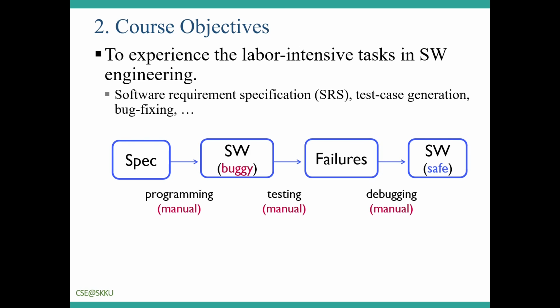This simple diagram with 4 boxes illustrates the basic flow of the software development process. First, we begin by specifying the software, which you can think of as defining its expected input and output behavior. Next, we implement the software to meet the given specifications.